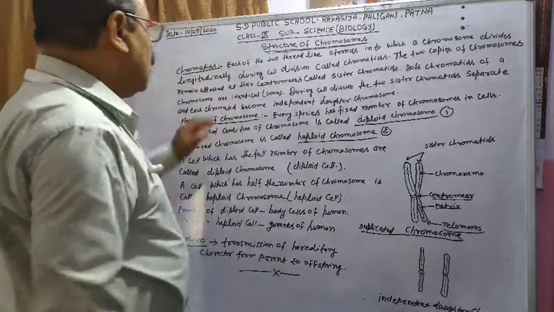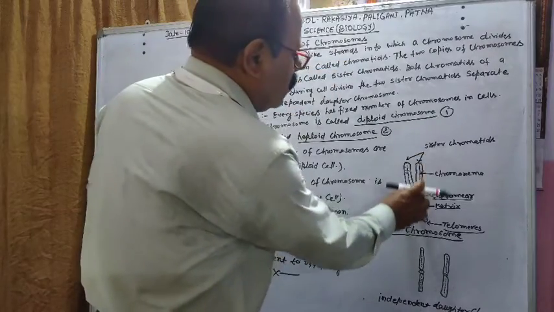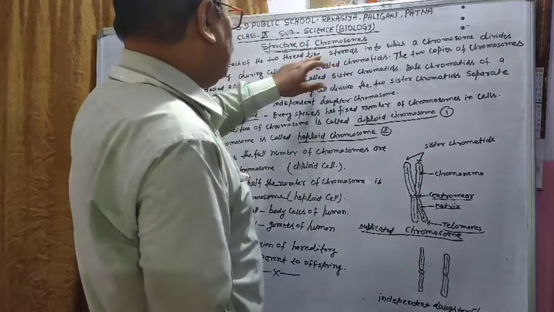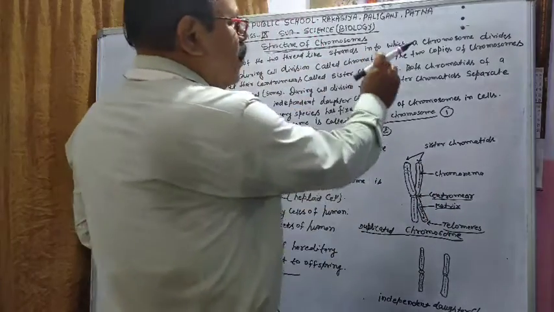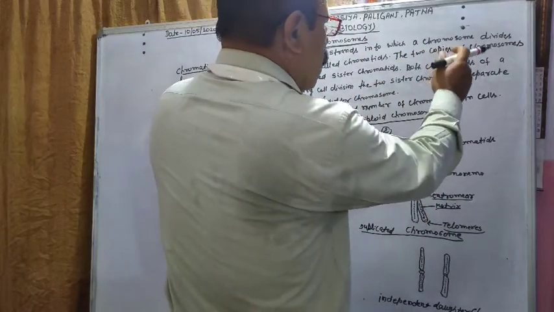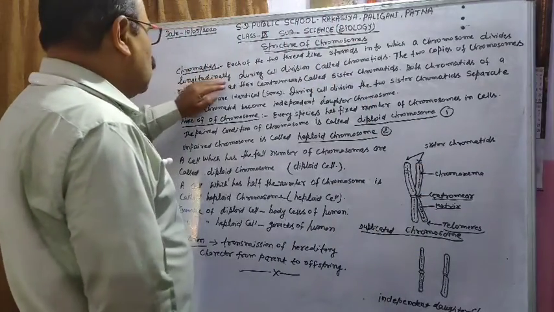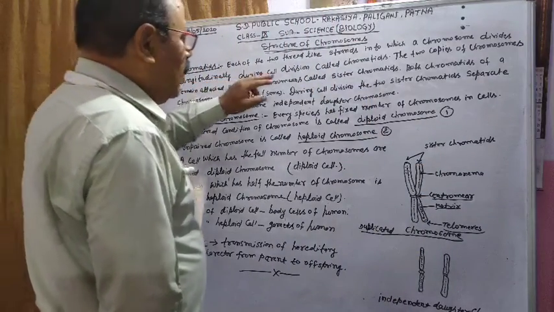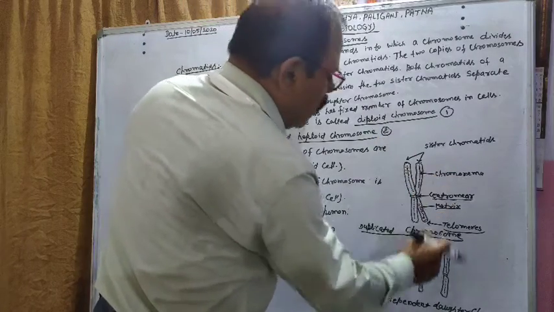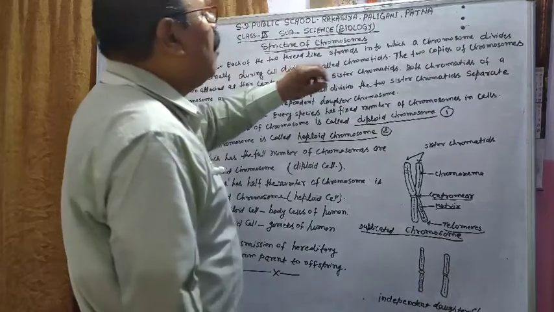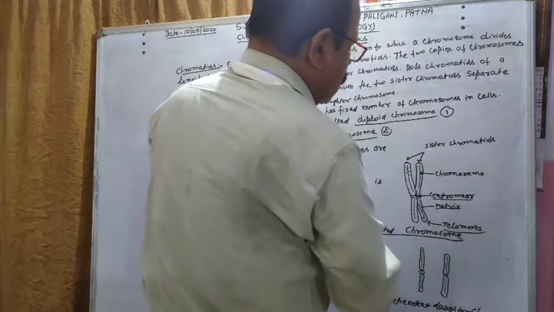Chromatids are the two thread-like strands into which a chromosome divides longitudinally during cell division. Those strands are called chromatids. This is a chromatid.